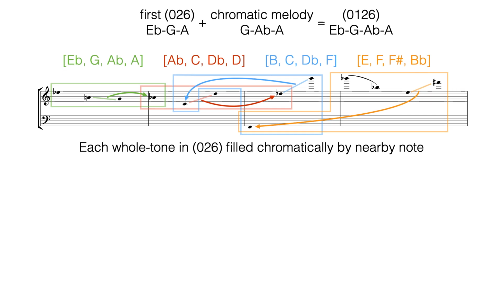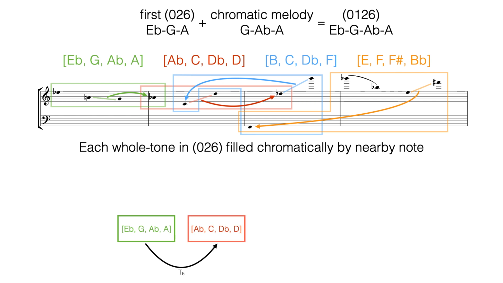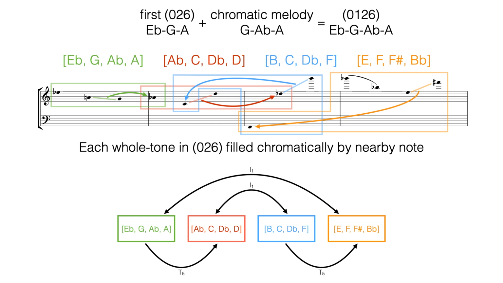E flat G, A flat A, A flat C, D flat D, B, C, D flat F, and E, F, F sharp, B flat. The T and I that connect them are the same as the T and I that connect the 026s, as we discussed a moment ago.